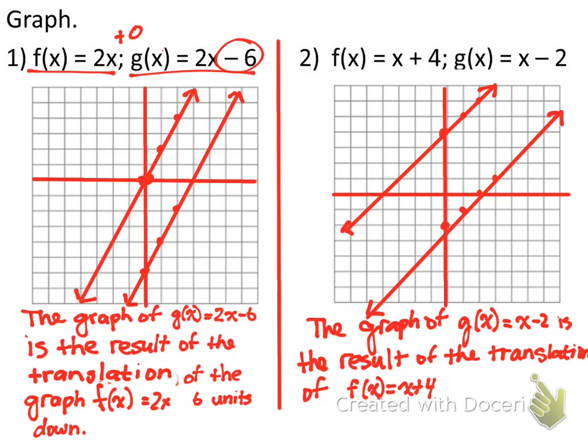I went down 1, 2, 3, 4, 5, 6 again, okay? 6 units down, and I went down, right? And that's it. Any questions on these 2 examples?